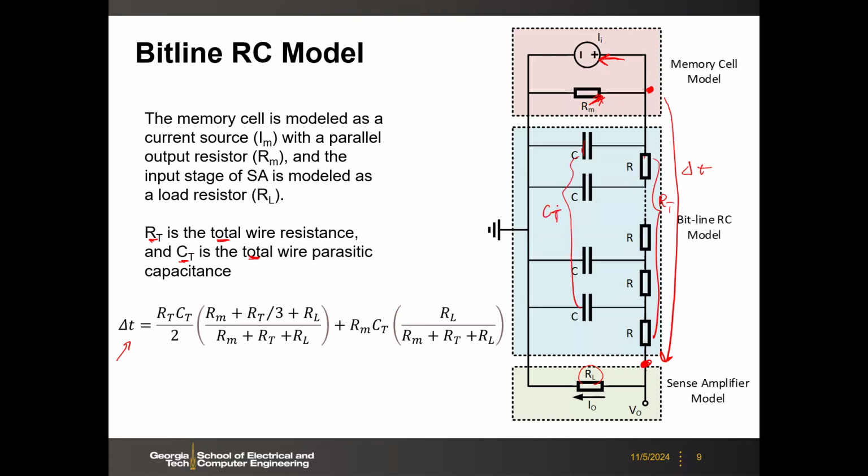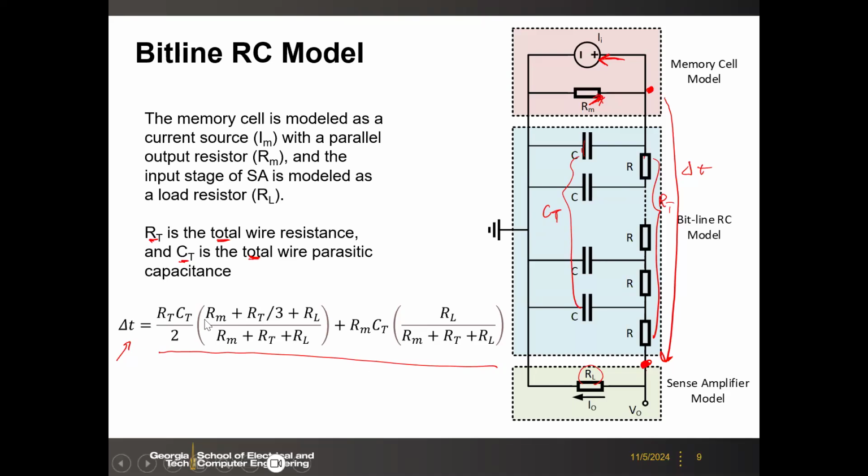If you solve this kind of analytical equation in your undergraduate linear circuit class, this delta T will be given by this formula. We'll skip the derivation, but give you this conclusion.